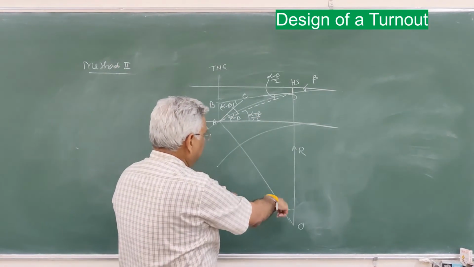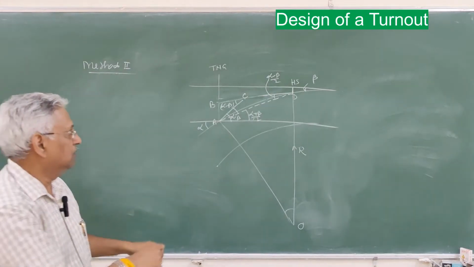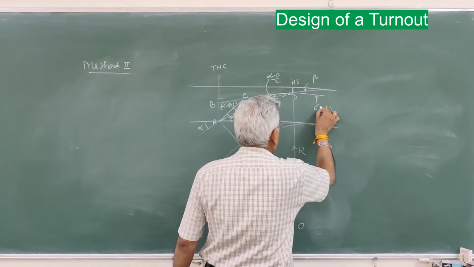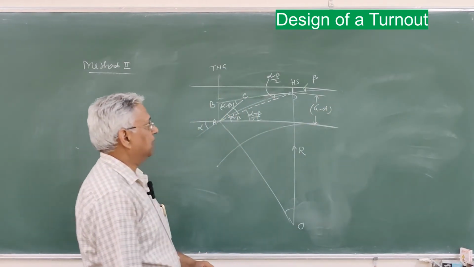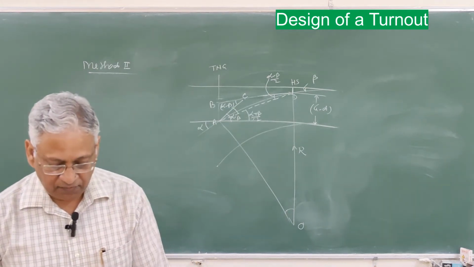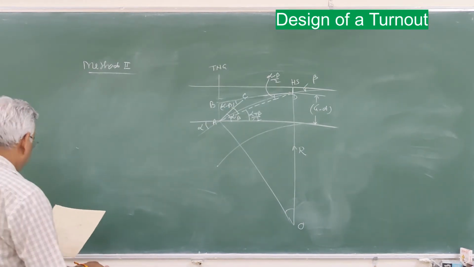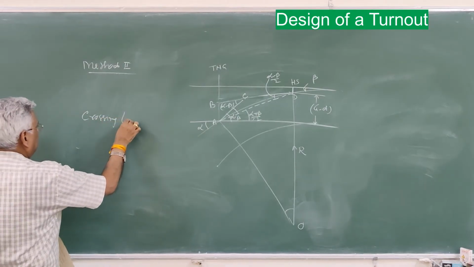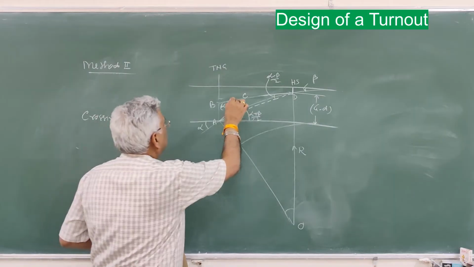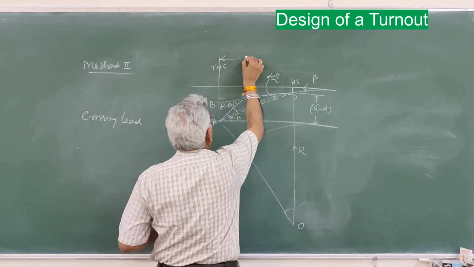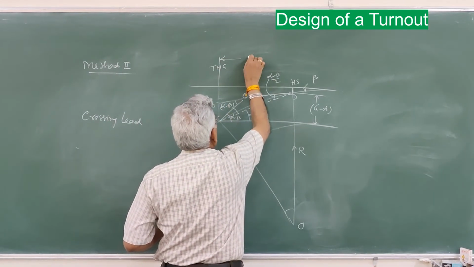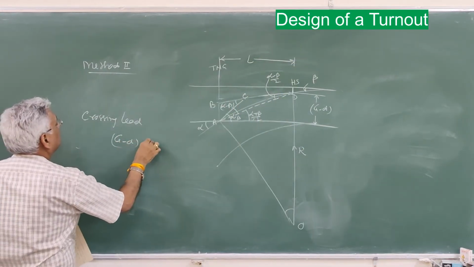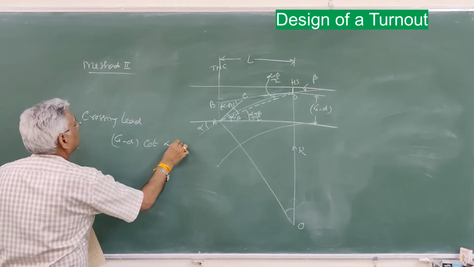Now if you go by the same philosophy as we did in the first case, now this is G minus D, that is the gauge minus heel divergence, and therefore the crossing lead. Now crossing lead will be only this distance, this is crossing lead, L. G minus D into cot alpha plus beta by 2.